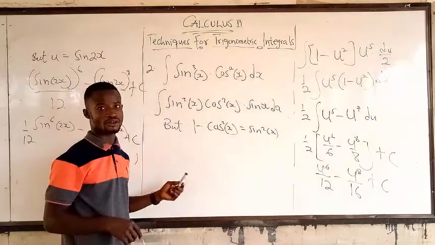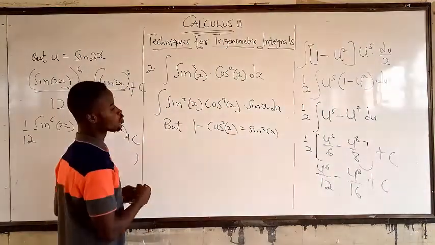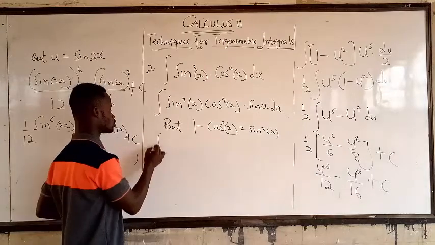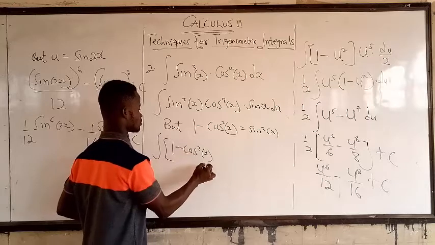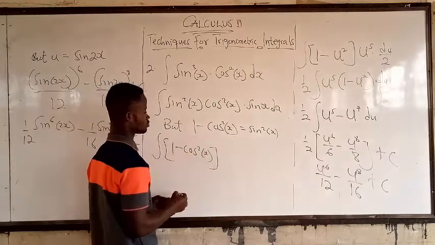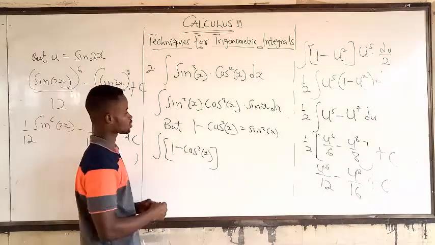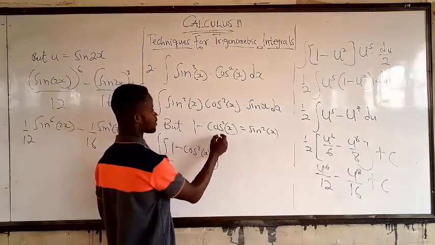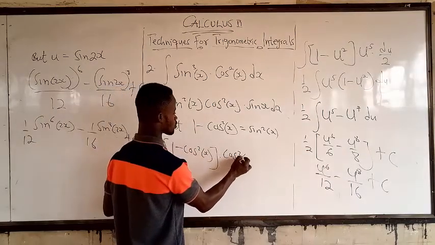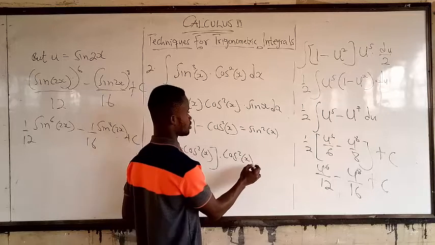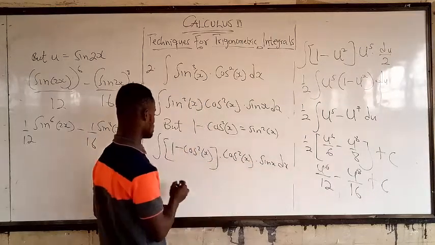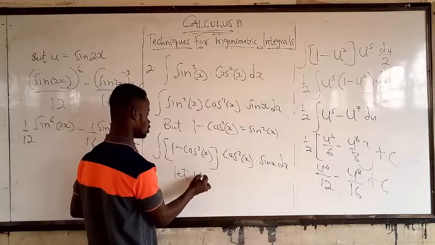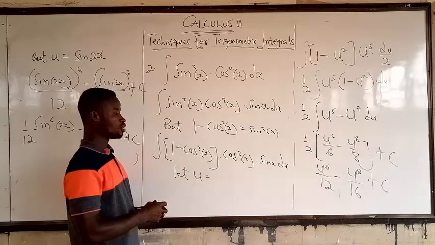So now then we can go straight to the point to do the substitution. 1 minus cos square x multiplying by cos square x sin x dx. Then you let u to be equal to, what do you think?